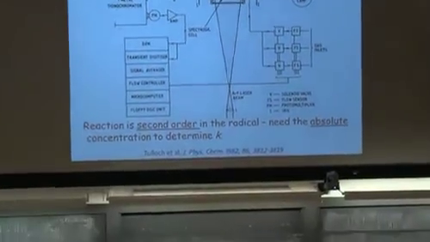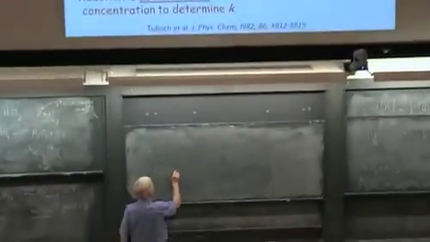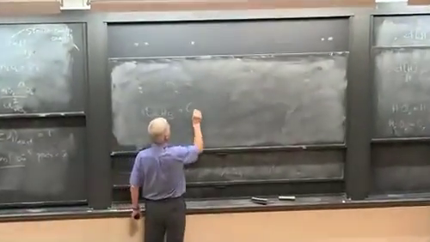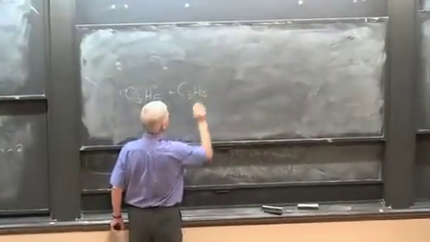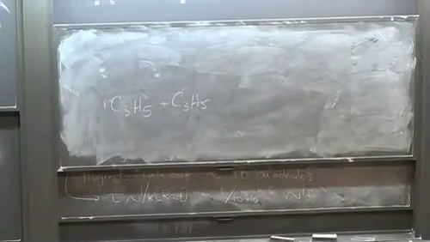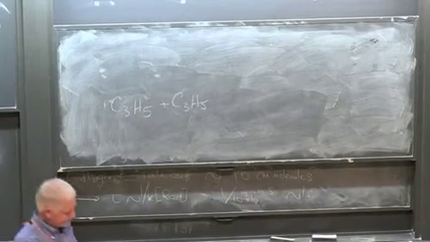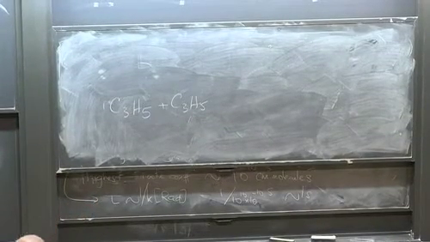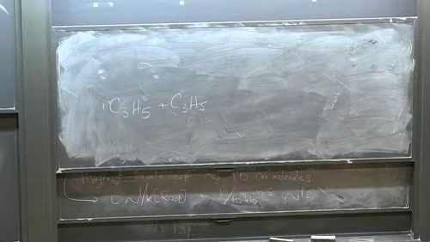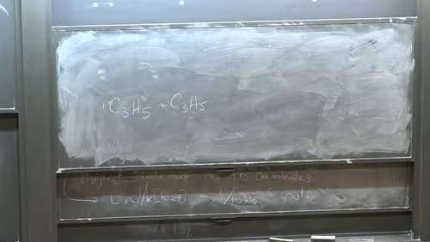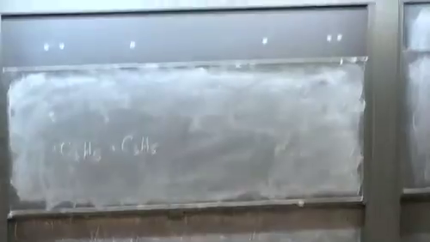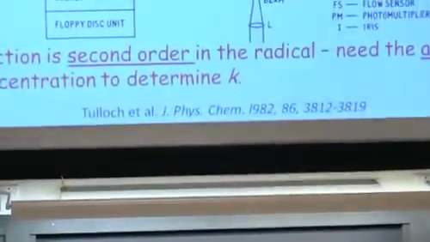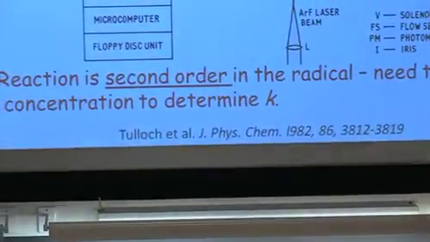So the R radical is C3H5, and we're looking at R plus R. So the reaction in this case is second order in radical. And so we now need the absolute concentration of the radical to determine decay.